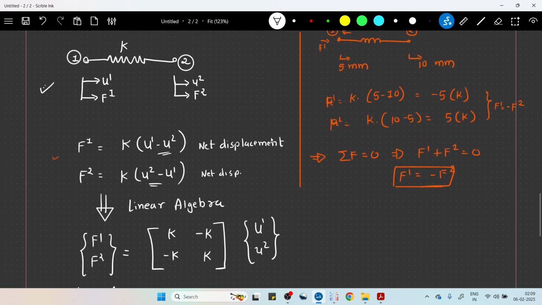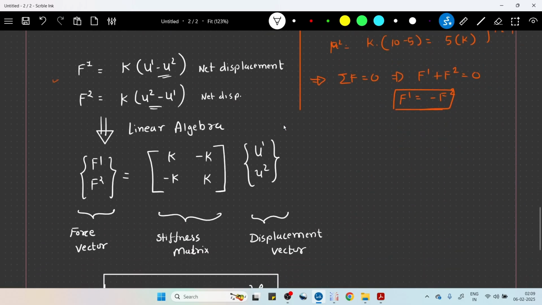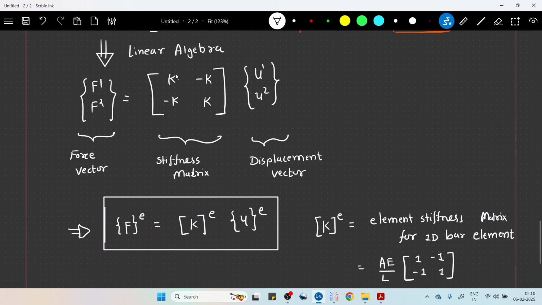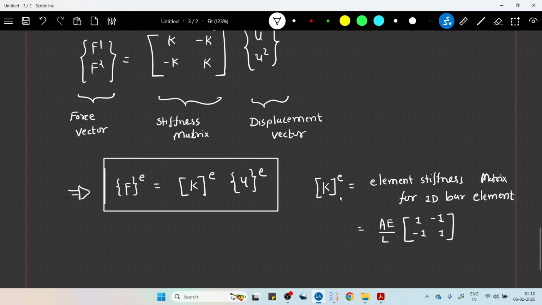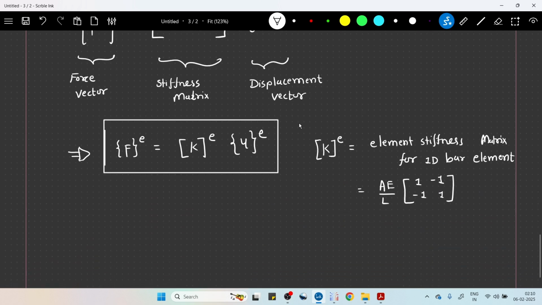K is nothing but AE by L, so we can substitute it here, and we get the effective stiffness AE by L times [1, minus 1; minus 1, 1]. So this is our finite element formulation for the 1D bar element.